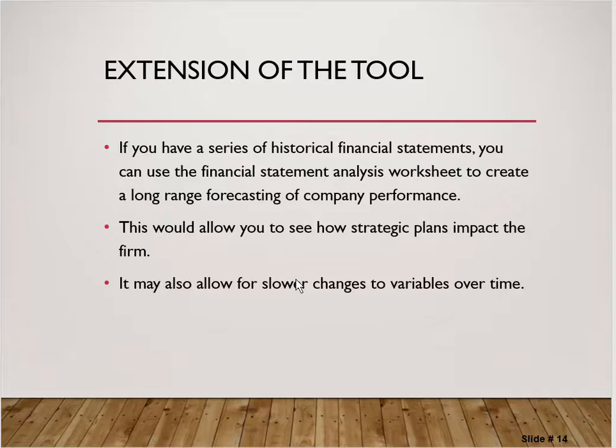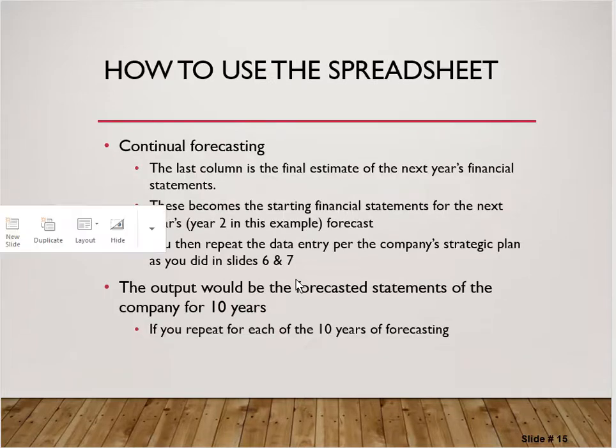In addition, it allows you to make slower changes. So if you have a number that's really bad and you want to see what happens if you can improve that, again, you may not want to go from really bad to perfect in 1 year. You may want to show how that changes over time and the impact it has on the company.